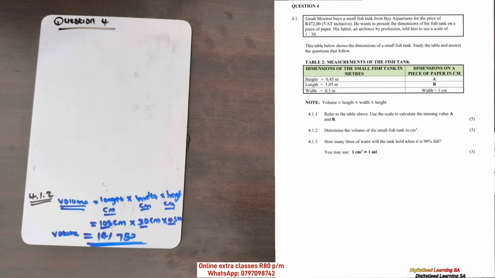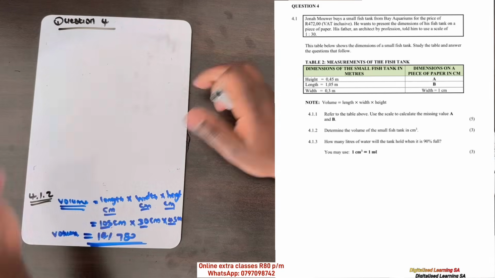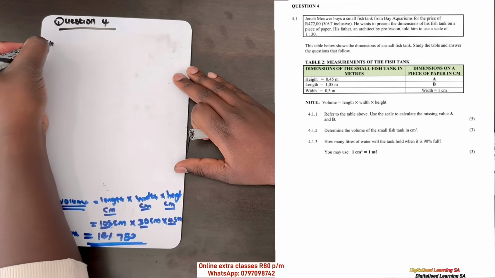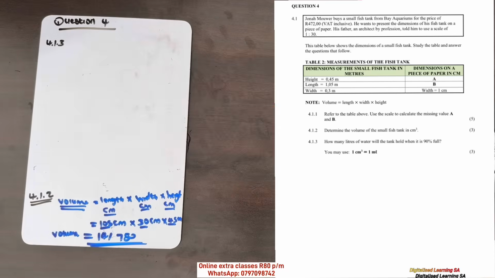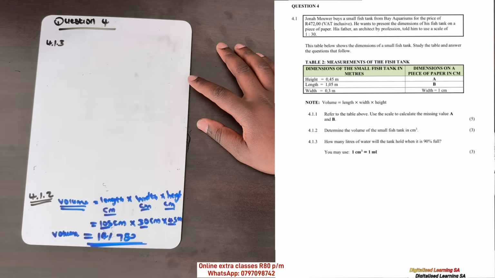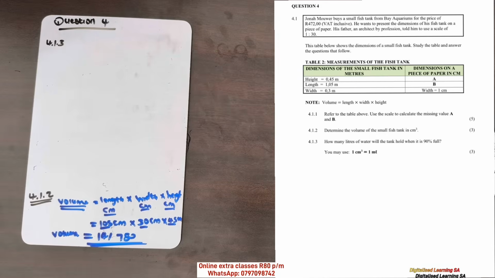Okay, so now let's go ahead and work on question 4.1.3. Question 4.1.3 says: how many liters of water will the tank hold when it is 90% full? We are told that we may use the formula 1 centimeter cubed is equal to 1 milliliter.